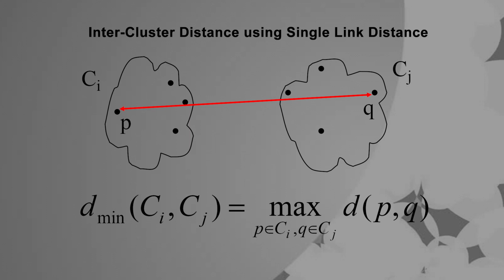So, what we have to do here is, once again, compute all the distances between the points in Ci and the points in Cj. Then we have to look at the maximum distance. That distance decides the complete link distance, which is what is represented in the equation as max dpq. This p and q can be any point in Ci and Cj respectively.